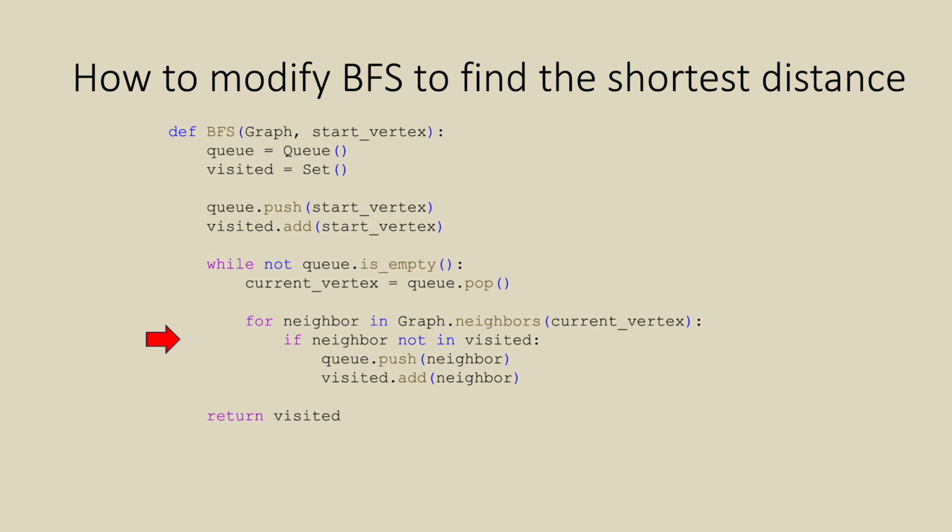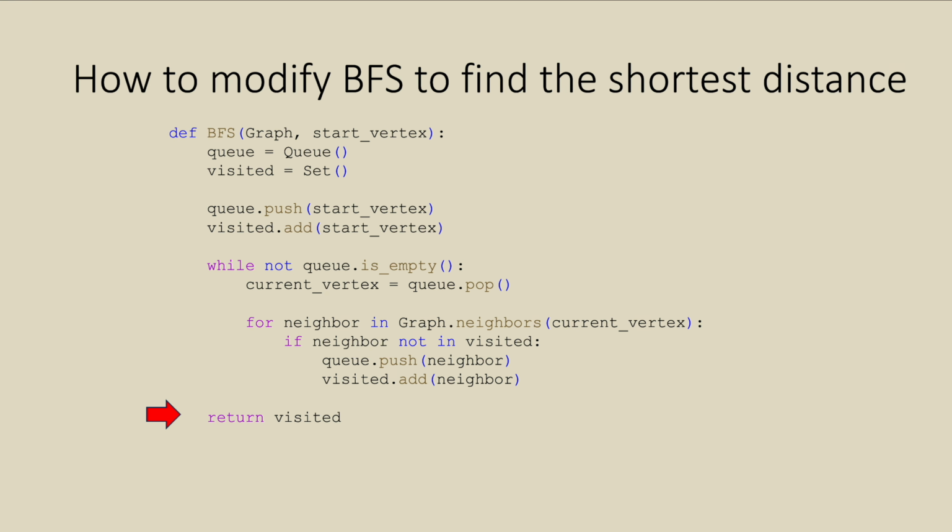So other than marking them as visited, we also want to update the neighbor's distance based on the distance of our current vertex. And don't forget, after the queue is empty, we need to return a set of distances because that's what we need to find. This set should contain the shortest distance from the start vertex to all vertices.